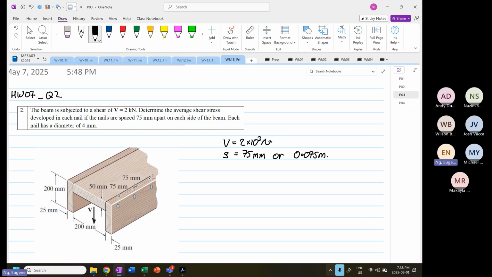We are given that each nail has a diameter. The diameter of the nail is equal to 4 times 10 to the power minus 3 meters. So we are asked to find the average stress for each nail.